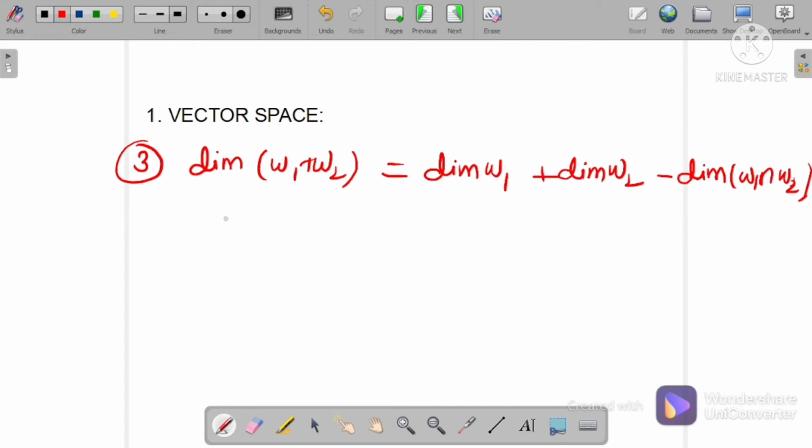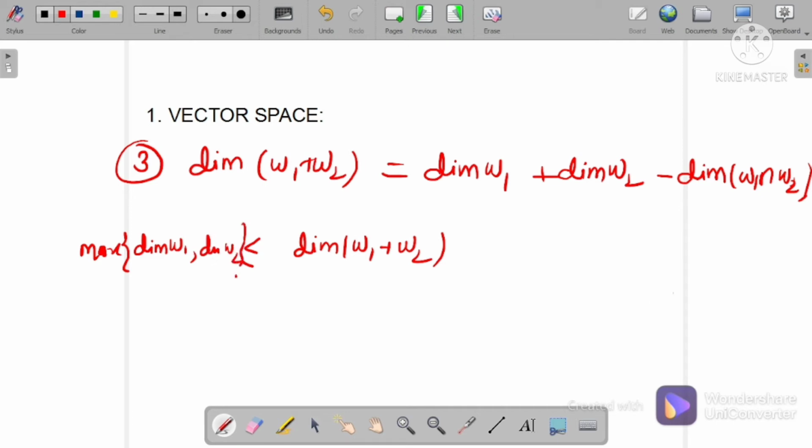And this dimension of W1 plus W2 is always greater than or equal to the max of dimension of W1, dimension of W2.